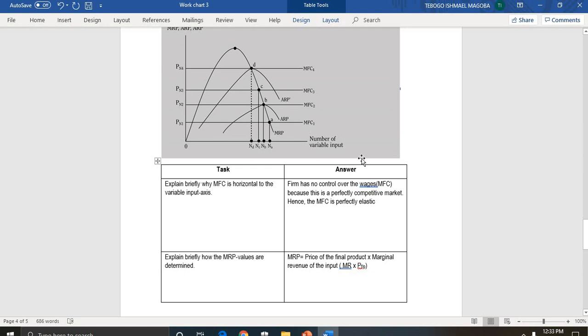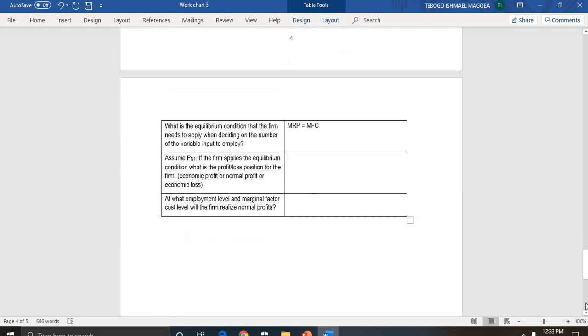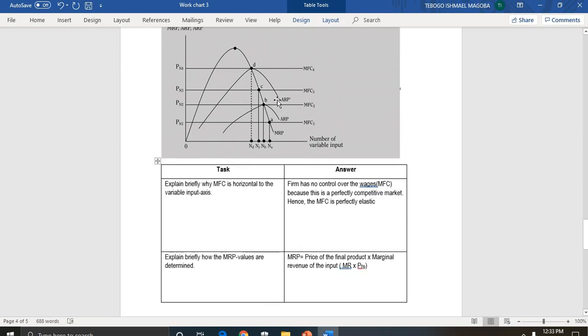Okay, if the average revenue product was actually below this, then there will be an economic loss. Like what's below that will be economic loss. So then we would say here that there is an economic profit. Why? Because the average revenue product curve is above the marginal fixed cost.